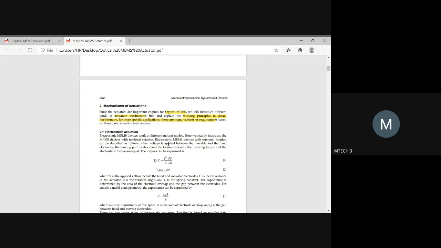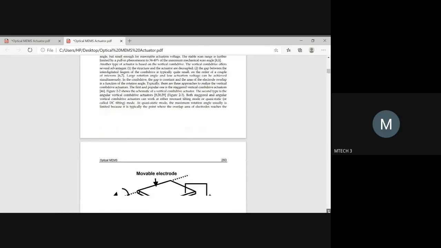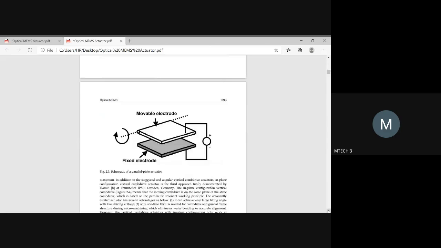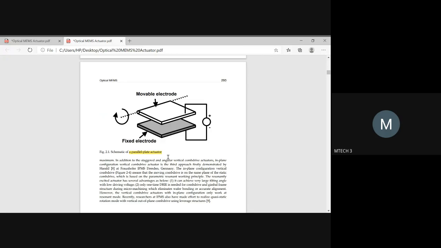In that aspect, they have provided different mechanisms. One is electrostatic actuation. This is one of the actuations for optical MEMS, and its working principle is also given. In that you will be using a parallel plate actuator. We have studied what an actuator is, whether it could be connected in series or parallel, and how it works in each case.